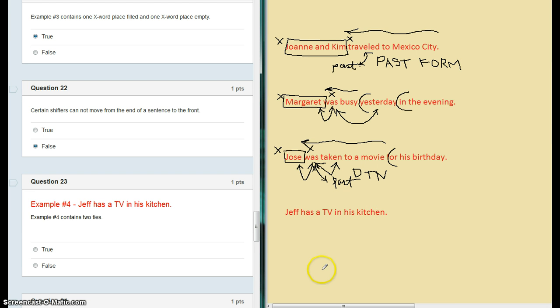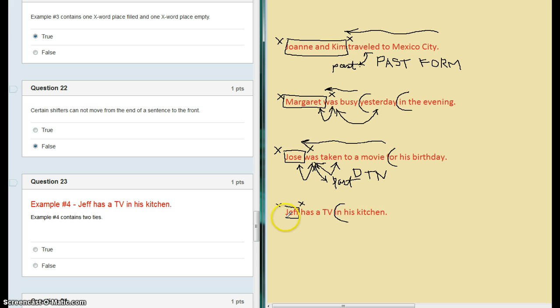Number 23. Jeff has a TV in his kitchen. Okay. In his kitchen is the shifter. In his kitchen, Jeff has a TV. I don't see the X word, and this is a good time to say has looks like an X word, but if we only have has in a sentence alone, we know it's not an X word. We know it's a verb.